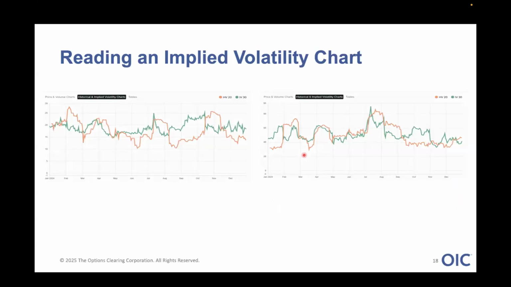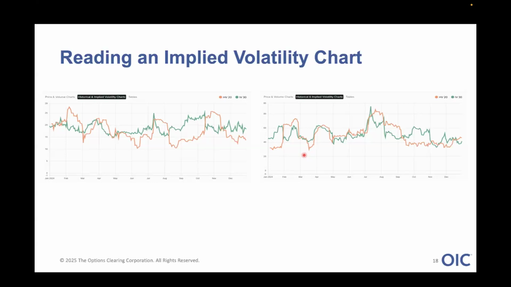So these are two charts. We have a free one year historical and implied volatility tool on our website. And once again, you can go to our website, sign up for an account for free, and you'll have access to this. But this is what I used to do all day as a market maker when I'm standing in a pit and I'm trading my 200 stocks or whatever it is.